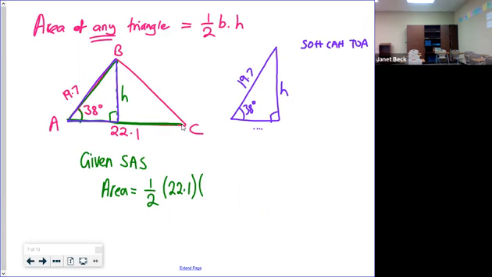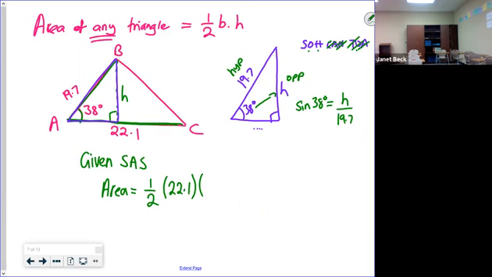We want to find this height, which is opposite the angle, and we know the hypotenuse. So if we want the opposite and we know the hypotenuse, I'm not using tangent and I'm not using cosine, I'm using sine. Sine of 38 degrees equals the opposite, which is your h, we're trying to calculate, divided by the hypotenuse, which is 19.7.